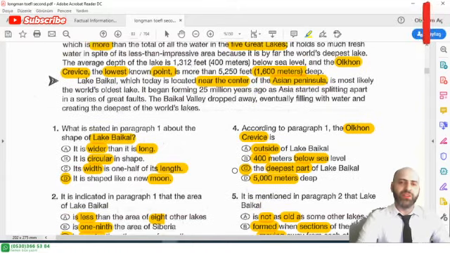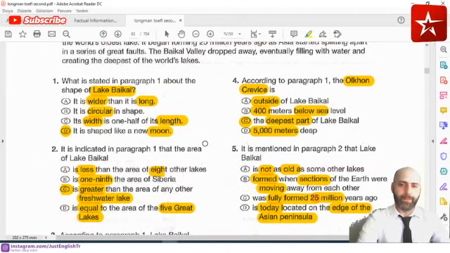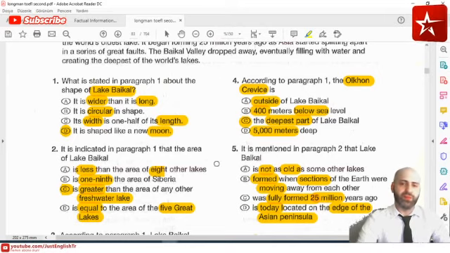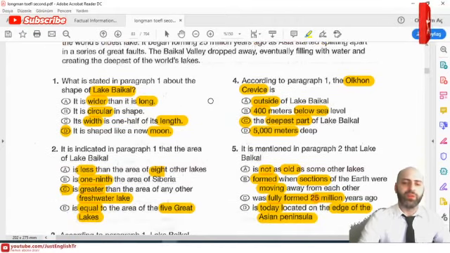Edge of the Asian Peninsula and near the center, is it the same? Is answer D correct, guys? Edge and near the center. So then you are correct. Of course, it's not the same.